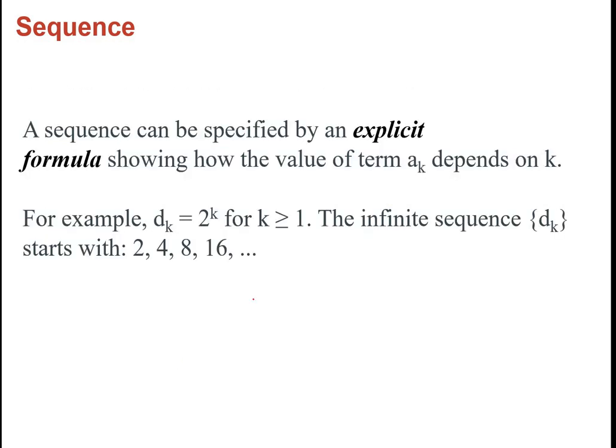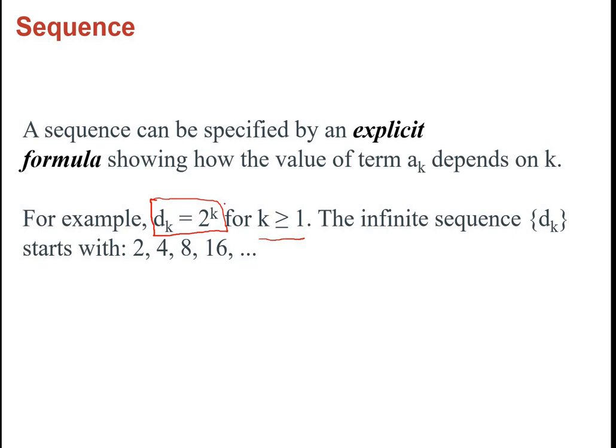There's typically a formula for the sequence, and this is an example of a sequence that has an explicit formula that you can use to find the sequence. There's always going to be a well-defined mathematical function or formula that you can use to build up that sequence. In this case, the range of the index is given.